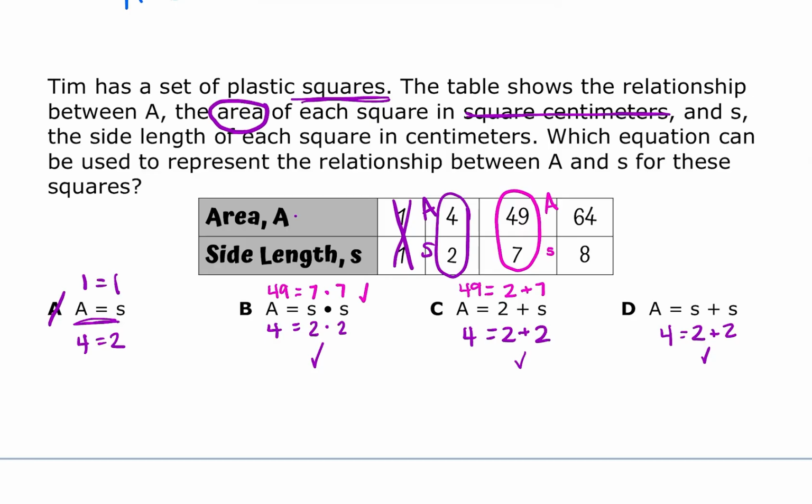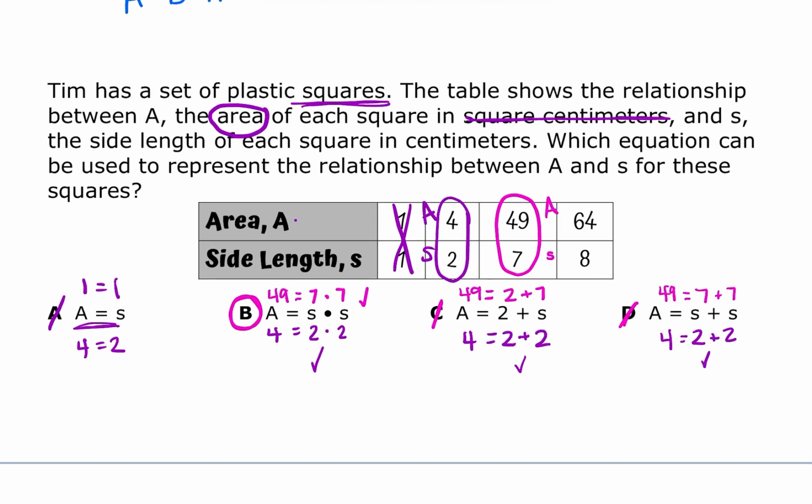Does that equal 49? 2 plus 7 is 9, so no. Okay, and then S plus S, 7 plus 7 is 14, not 49. So you might have to use more than one row. It has to work for every single row. So B would be my answer. Biggest thing I need you to know today, find the name of the shape, write the formula.